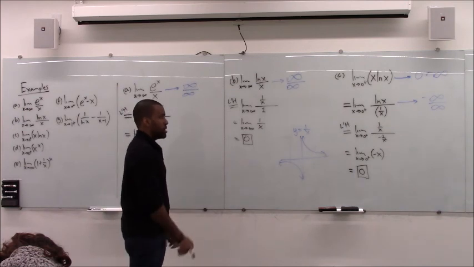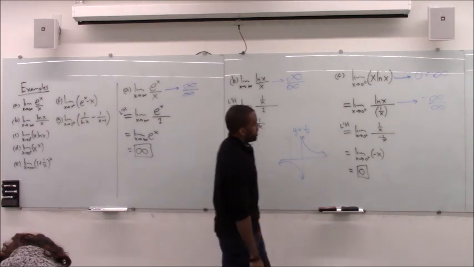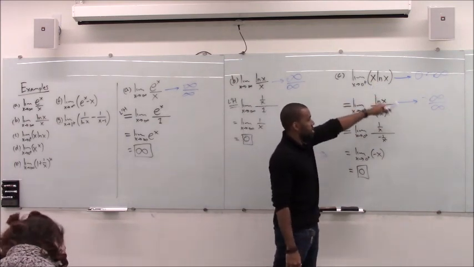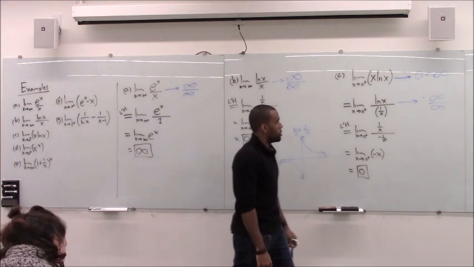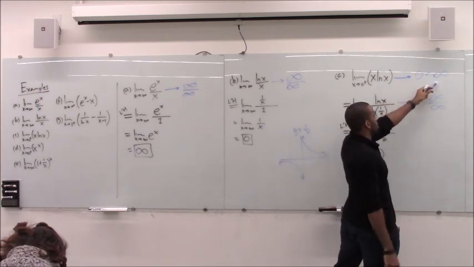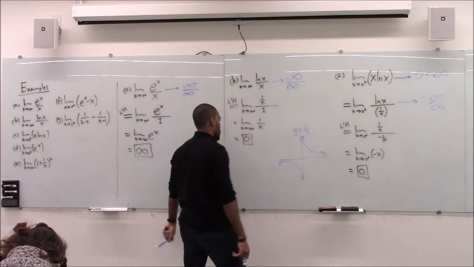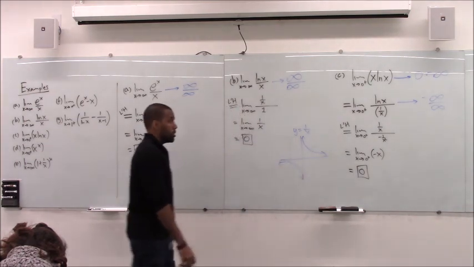So that limit is actually 0. Turns out the x is going to get close to 0 a lot faster than the ln of x is going to get close to infinity. So while this guy is growing very large, this guy starts killing it from very early on. So it actually gets closer to 0 overall.